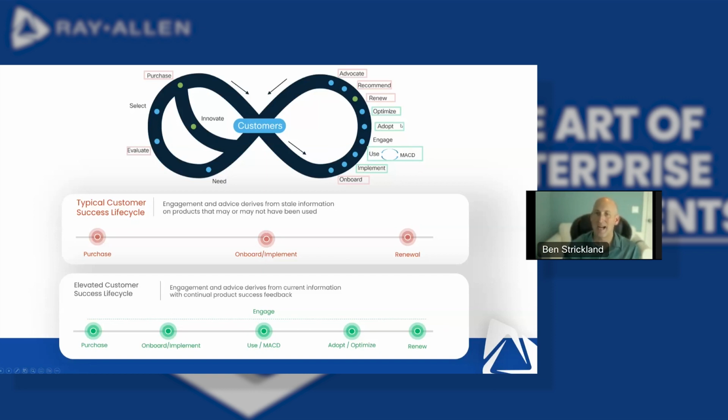What happens with the actual customer adoption and optimization of the assets that they acquire as part of these agreements? Are we continually evaluating these and making sure that they're part of the discussion? And how can we use this data to inform and drive the evaluate, purchase, and renew phases themselves?